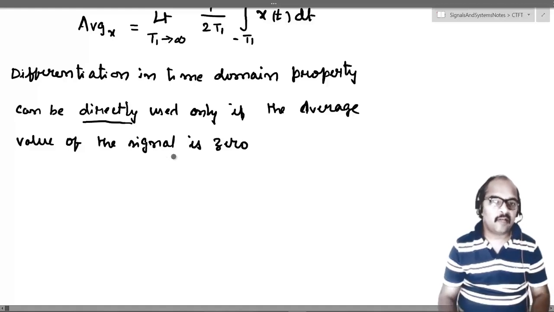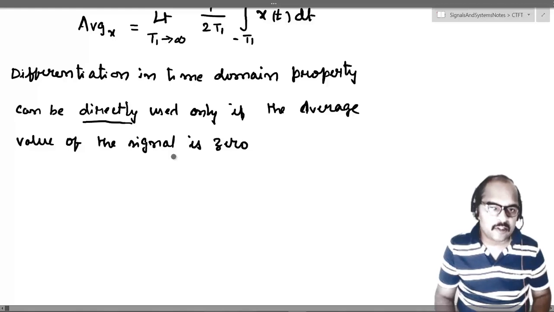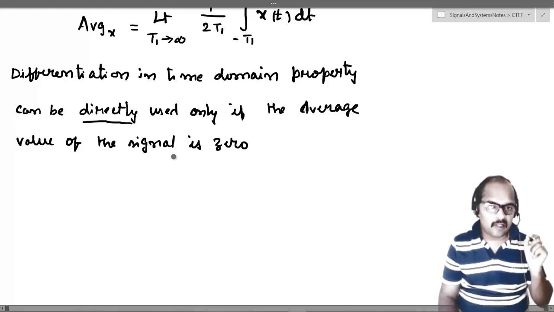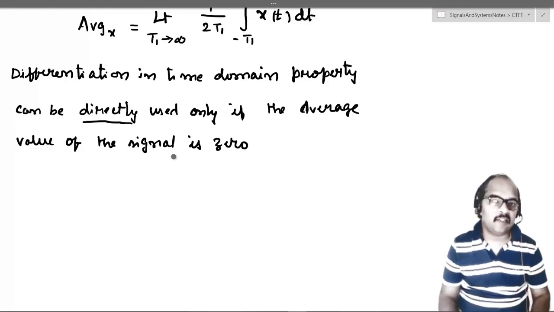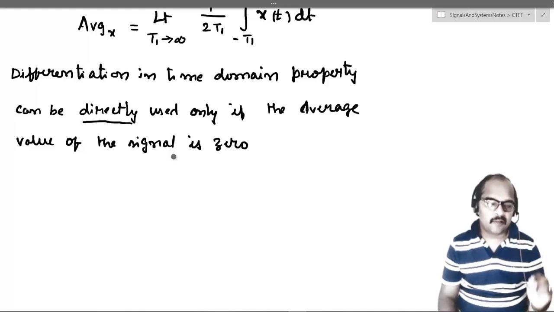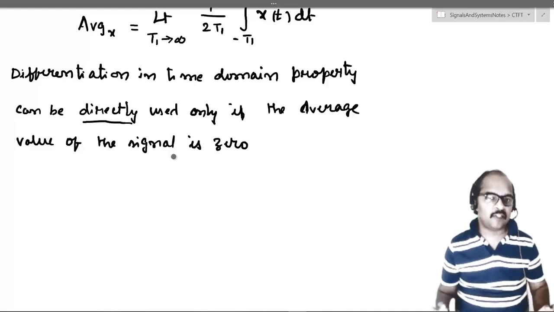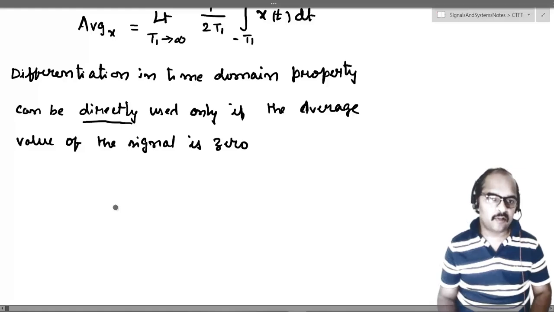So when can we apply the differentiation in time domain property? Only if the average value of the signal is 0. If it is not 0, then we cannot apply it directly. Directly means just differentiation. That will not give you the right answer.